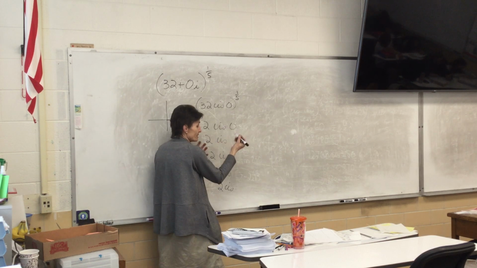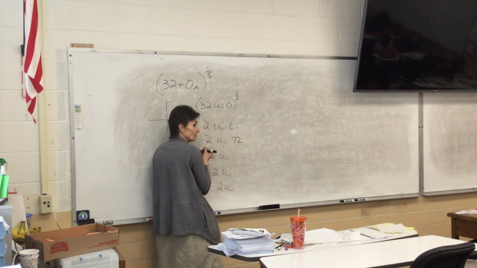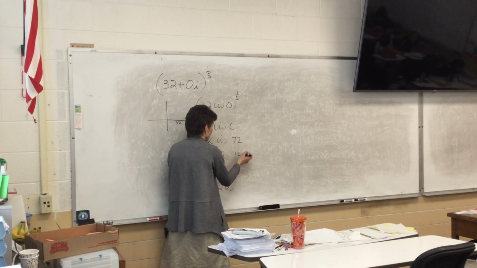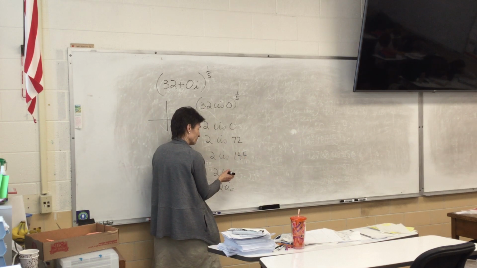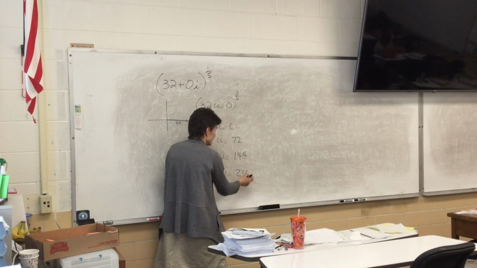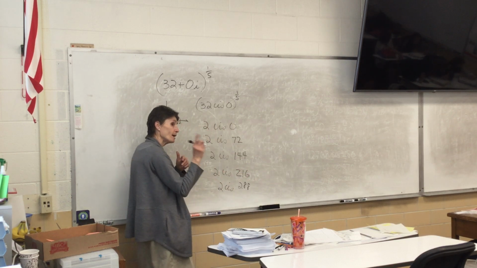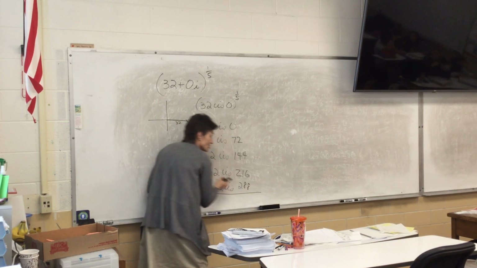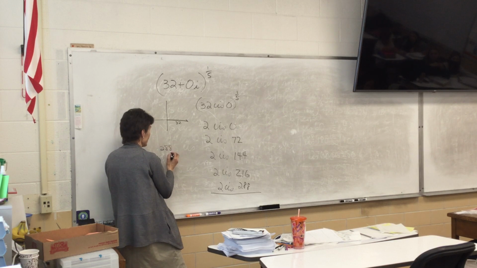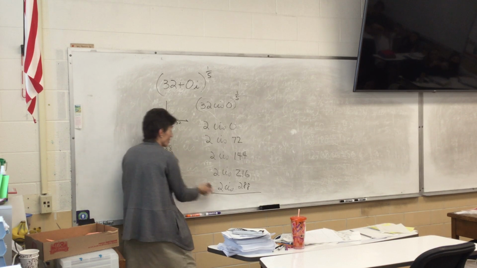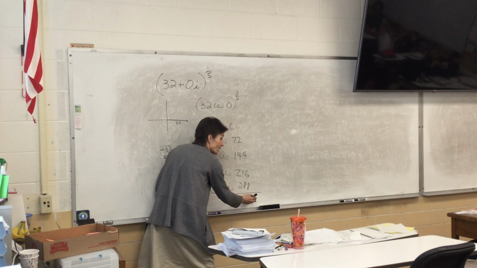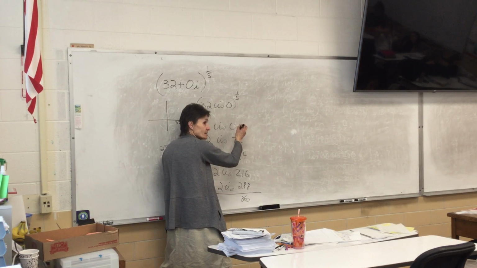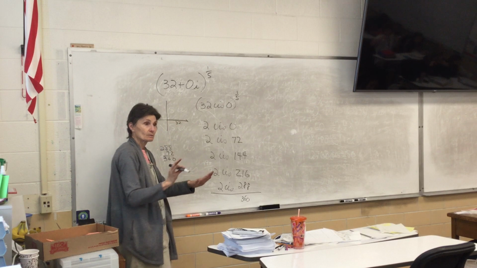Since the first one's at 0, the next one's at 72. And 144, 216, 288. Check my work: if I go an extra 72, I get 360, and 360 is the same as 0. So I'm okay.